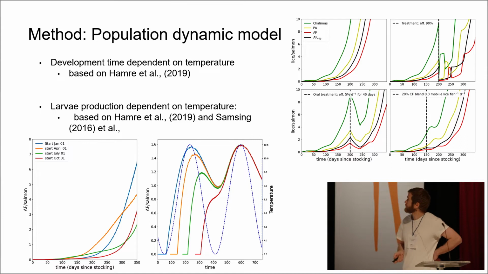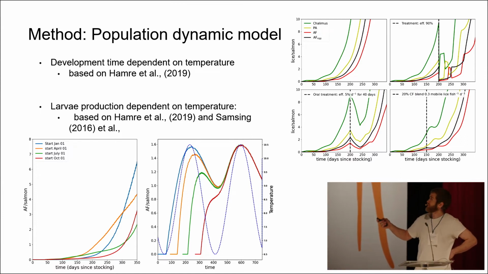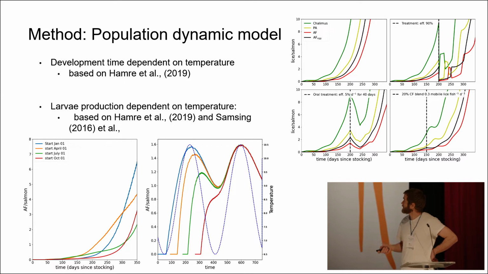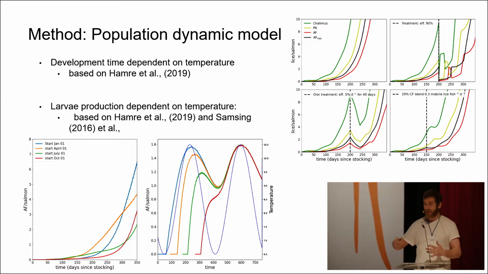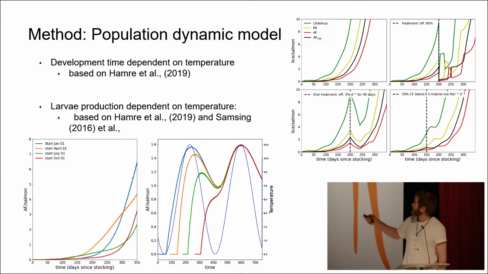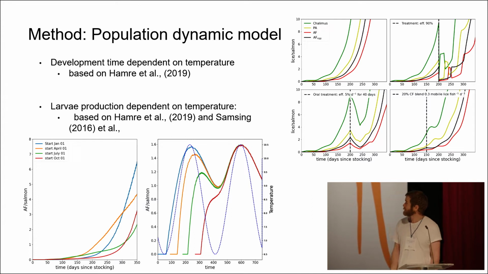adult females. If you do a treatment, a 90% treatment, the numbers will go 90% down on all stages in one instant. But because we don't kill the larvae in the environment and they have managed to build up some internal infection, calamus stages go right up after such a treatment, and they will eventually become egg-bearing adult females.